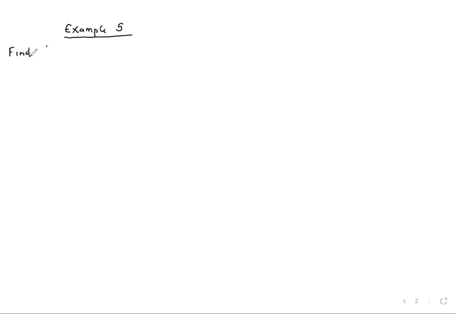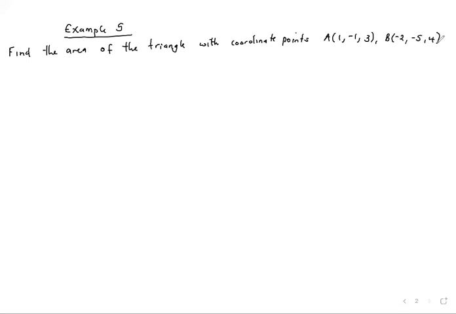Find the area of the triangle with coordinate points A (1, -1, 3), B (-2, -5, 4), and C (3, 1, -4).